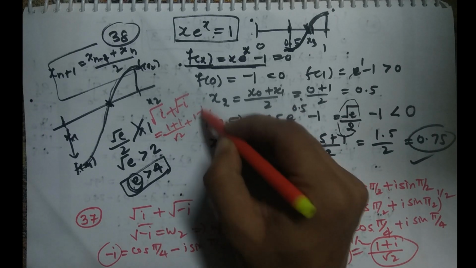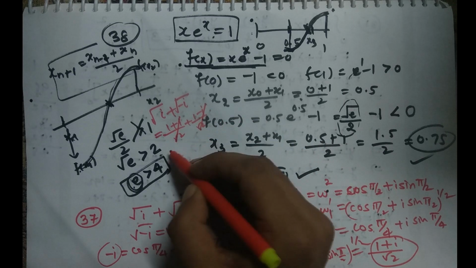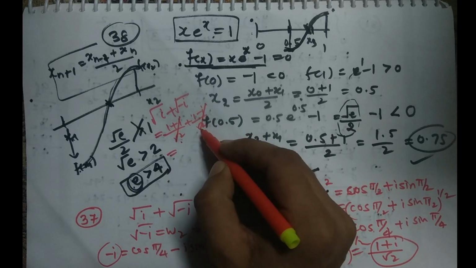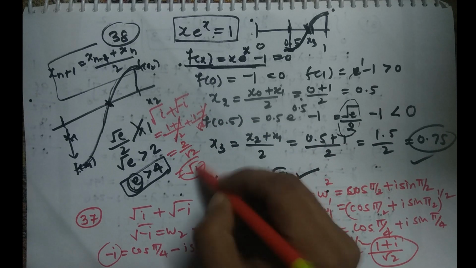Let's add both values: (1 + i)/root 2 plus (1 - i)/root 2. This i by root 2 and minus i by root 2 will get cancelled. We will be left with 1 by root 2 plus 1 by root 2, which means 2 by root 2, which is nothing but root 2.